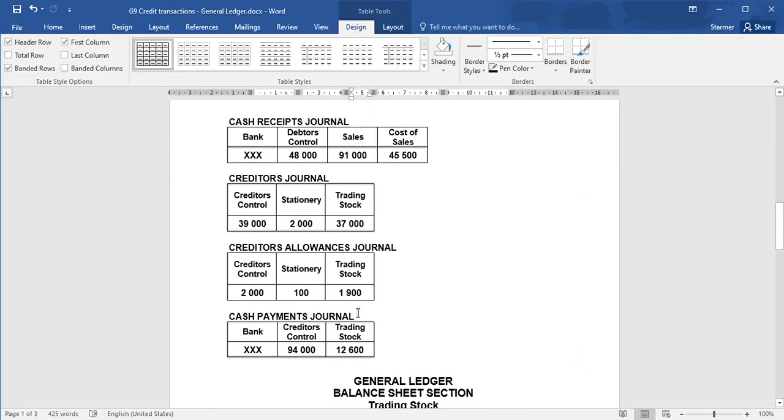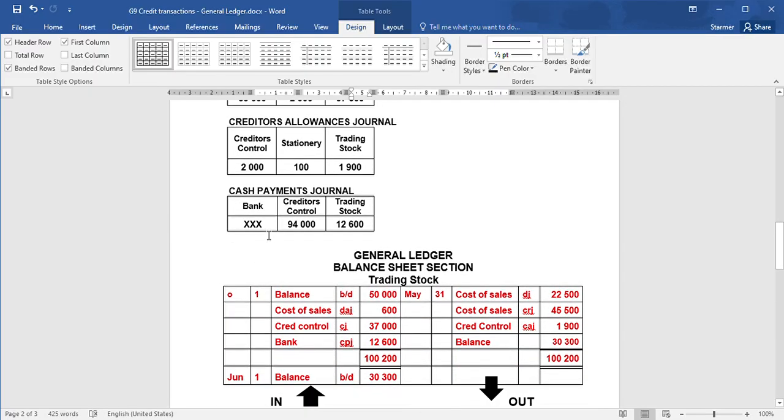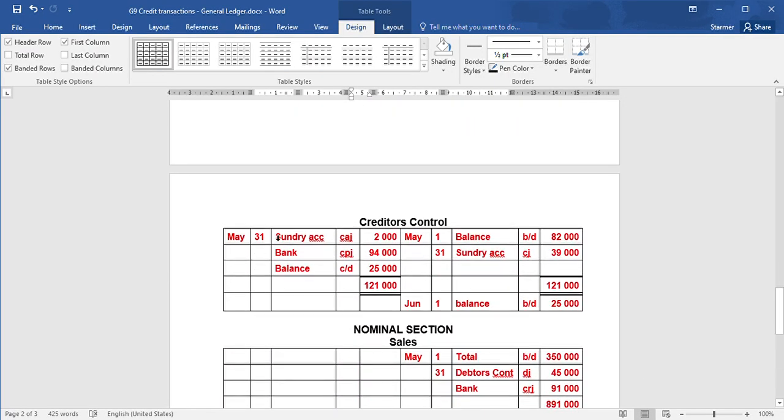Now we move to the creditors journal. Creditors journal is used when we buy on credit. If we buy on credit, we owe more. So let's start over here with trading stock. Trading stock is going to be increasing because we're buying stock. But this amount here, you can't write bank, you have to write creditors control because that's the other account that changes.